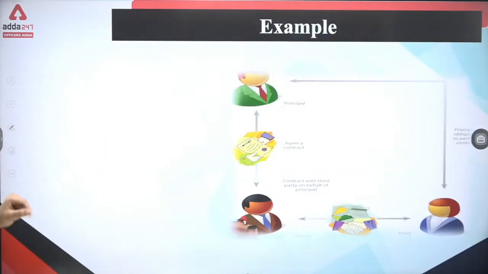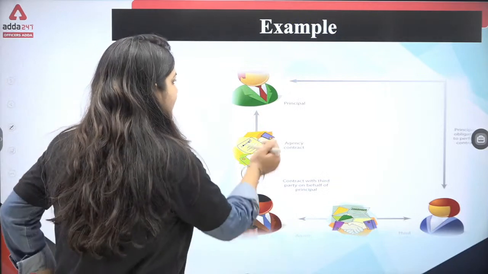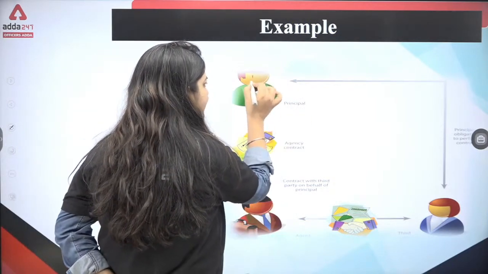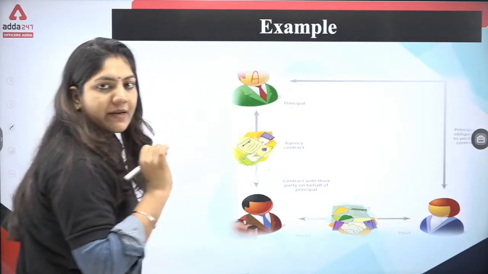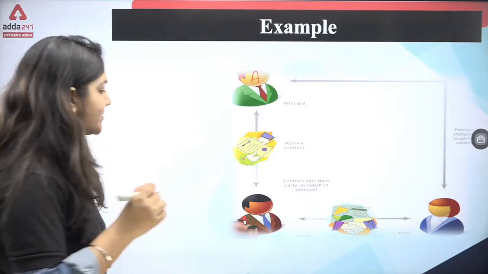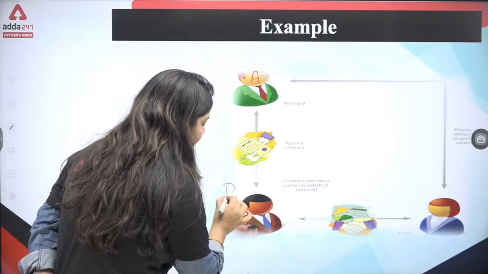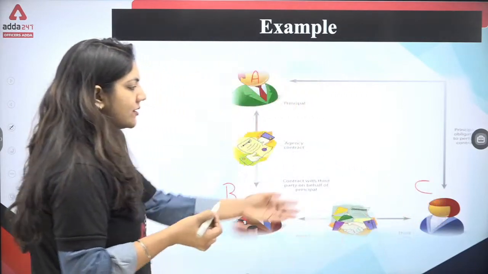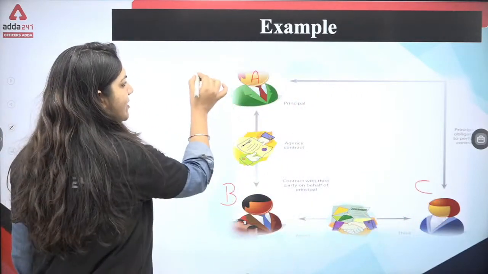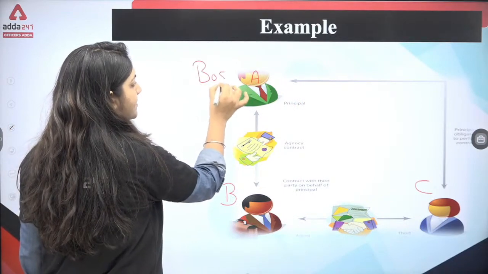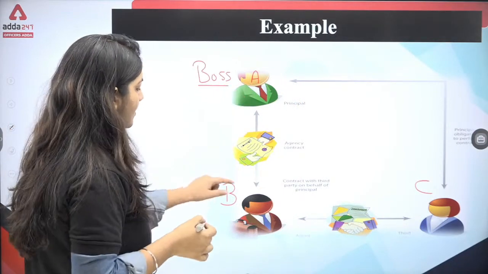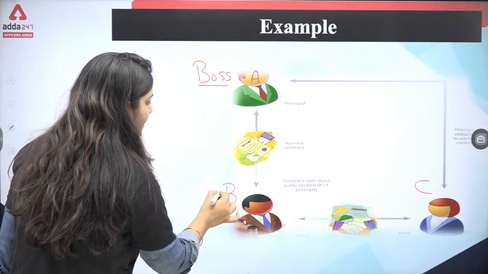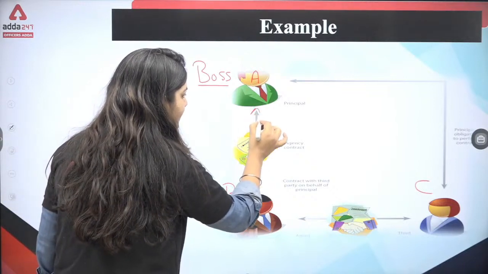Now see this diagram. Suppose this is a person, okay, that is visible to all of you now. This is the principal, the agent is person B, and this is person C. C is the third party. Now the principal is the boss. So person B is working under this boss.